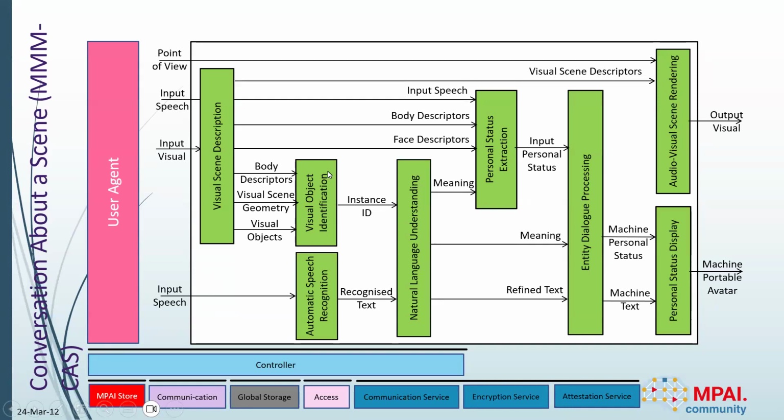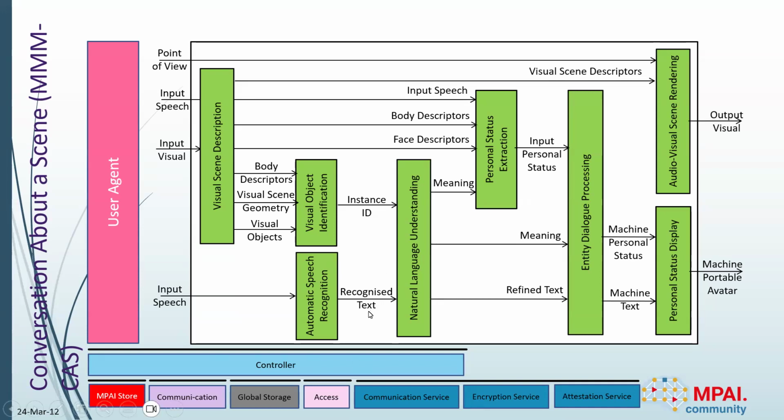So this is passed through this visual object identification. We will get inside these AI modules later, whose result is the instance ID. It says this is a hammer, or this is a plate, whatever. So here we have automatic speech recognition.